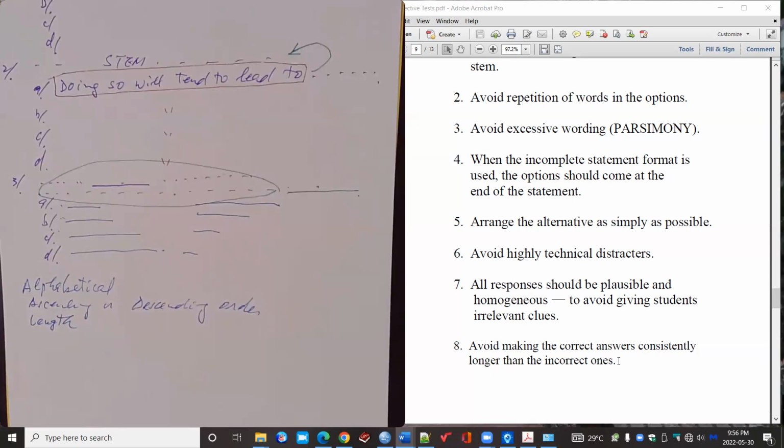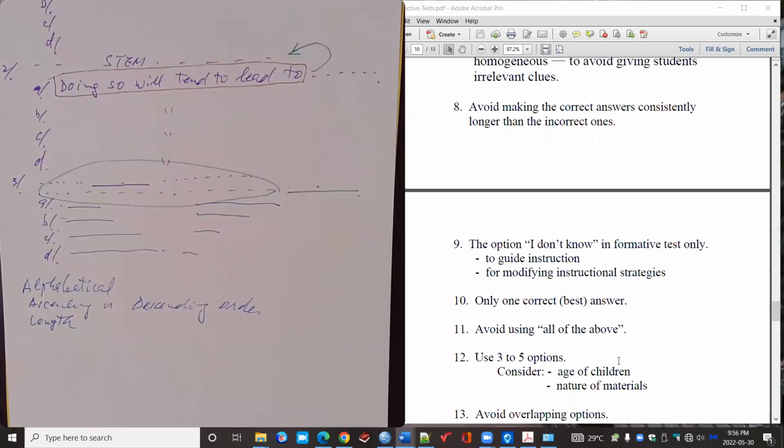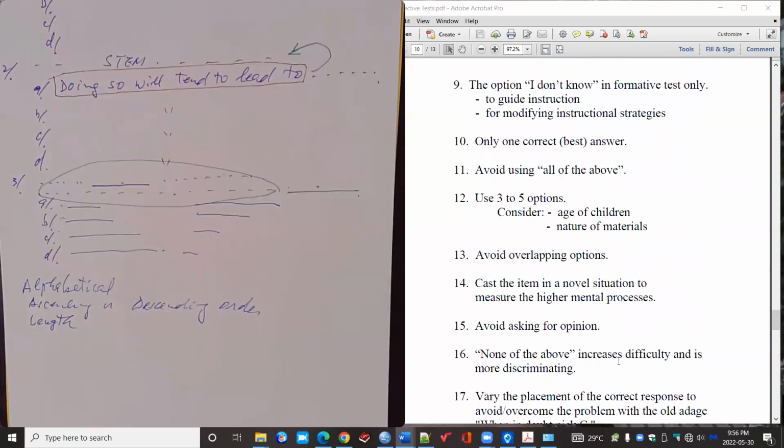But most item writers won't be bothered with doing this for the distractors, right? Number 9, the option "I don't know" is for formative tests only, to guide or modify instructional strategies, but not in summative tests. Number 10, only one best answer, not only one correct answer.